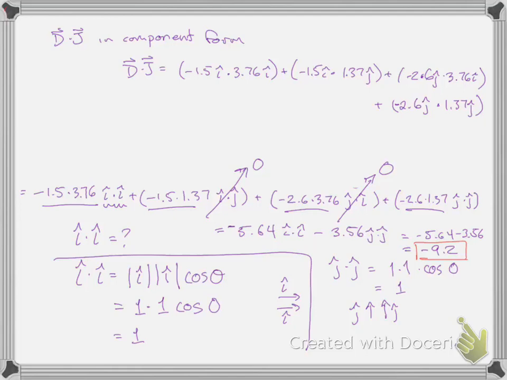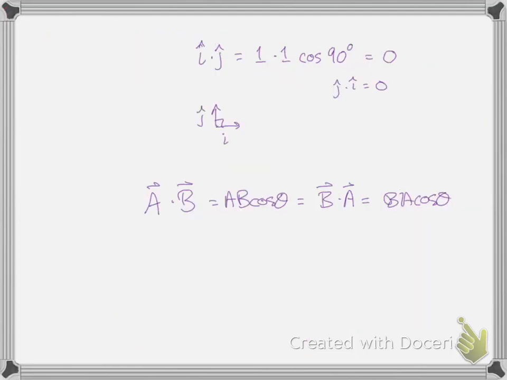But in general, let me show you that when we are given a vector in component form, you never need to know the angle, right? We never knew the angle when we were given component form. In general, it's a pretty easy formula. Let's just write that down. So in general, the result is this. It's simple. Look back. All that we ended up doing is we took the x components of the 2 vectors, multiplied them together, and added them to the y components multiplied together. No vectors here, right?